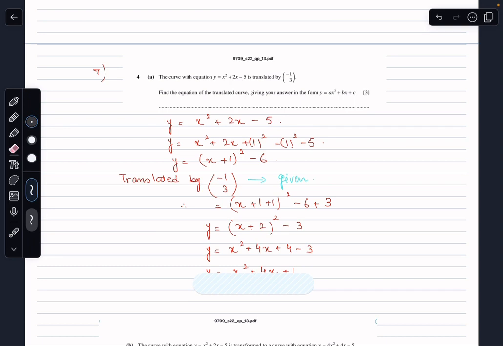Then I can say that the transformed equation here is y equals x square plus 4x plus 1. That was the required form, y equals ax square plus bx plus c. So this is how the final transformed equation is going to be.